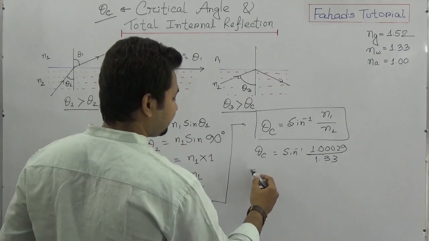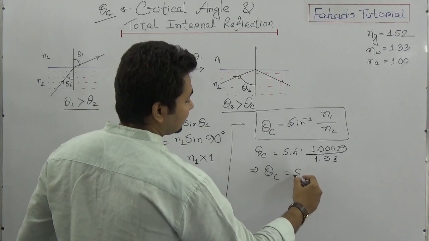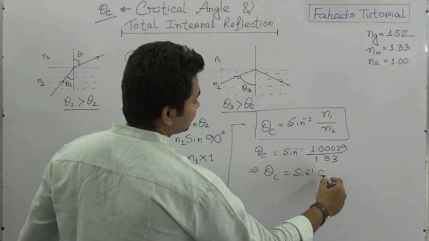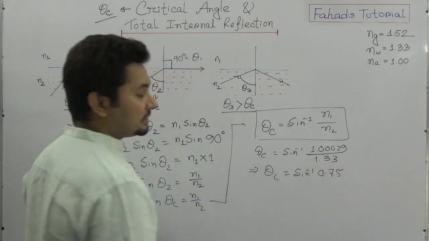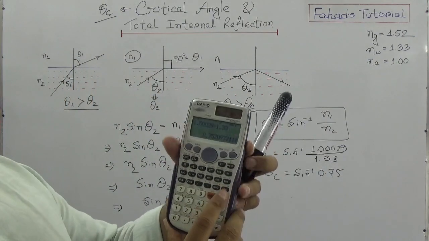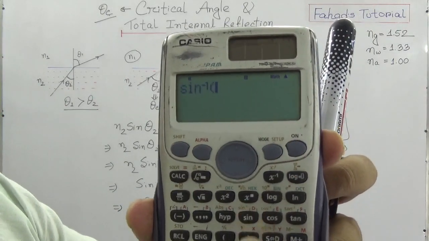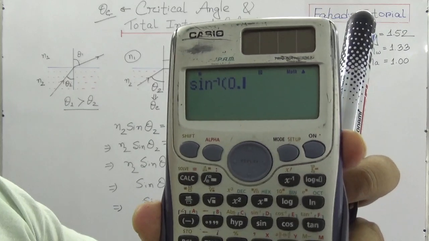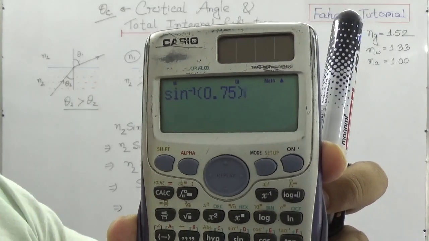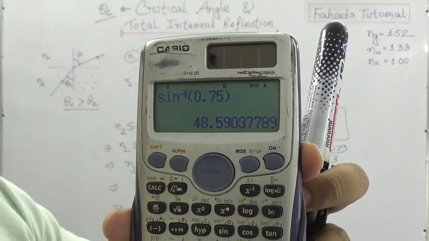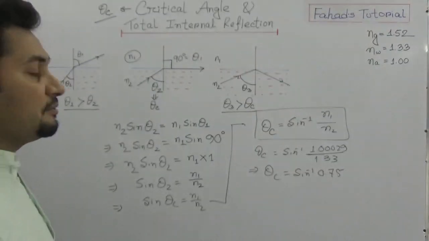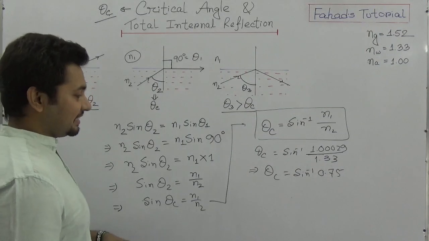So you can say that theta c is sine inverse 0.75. If we do shift sine of 0.75, it is actually 48.59, or we can say 48.6 degree.